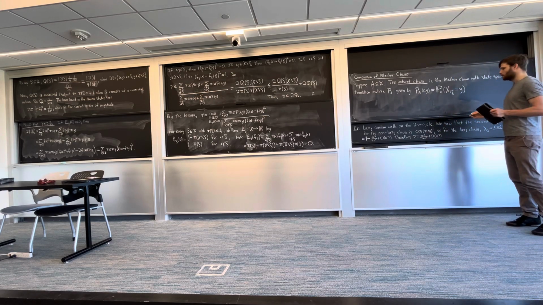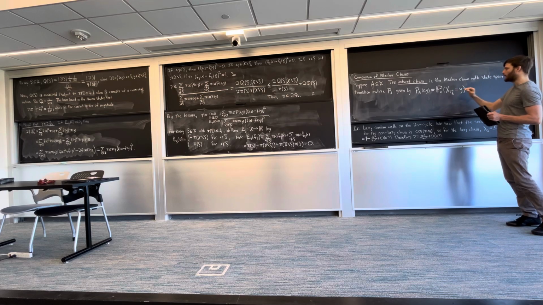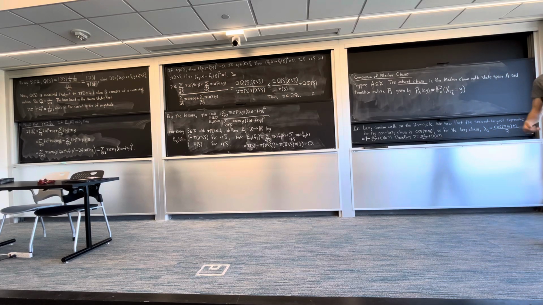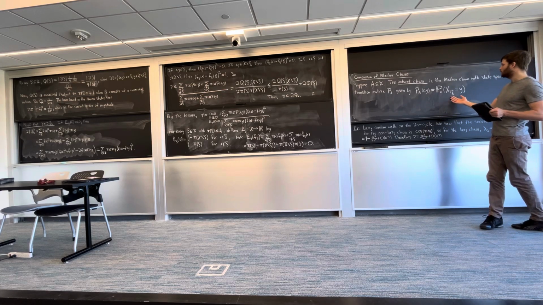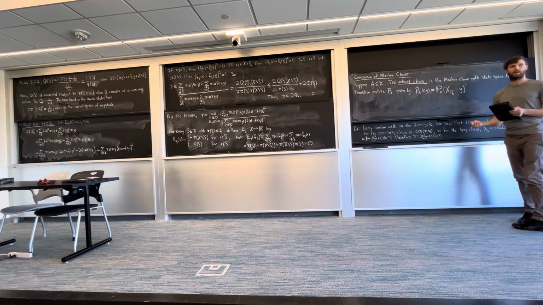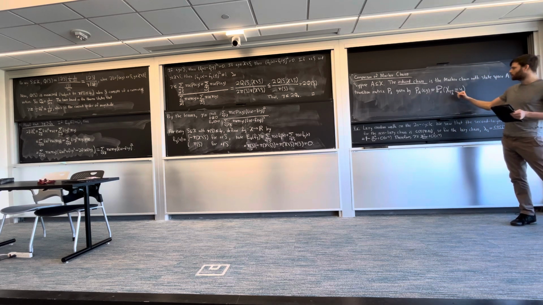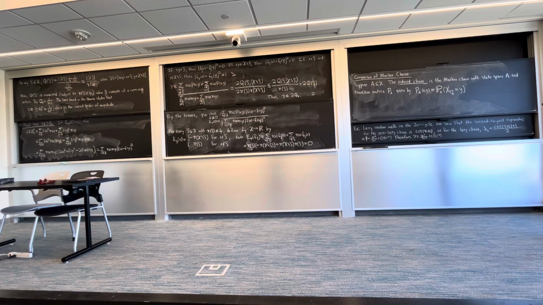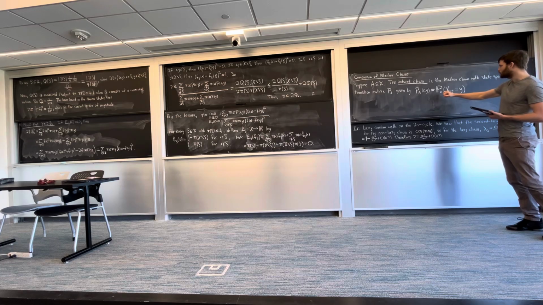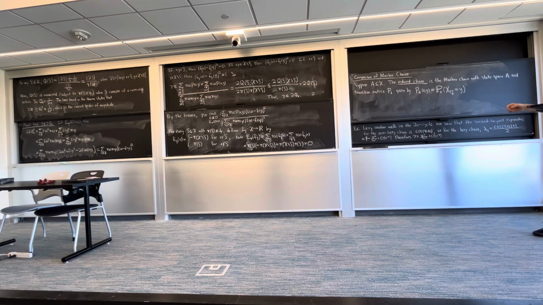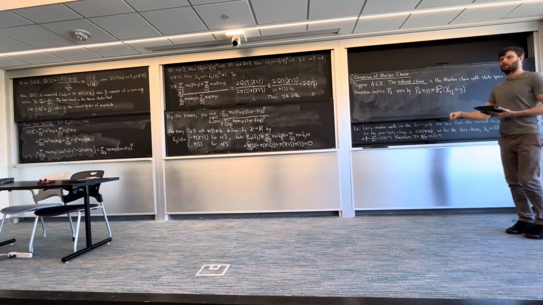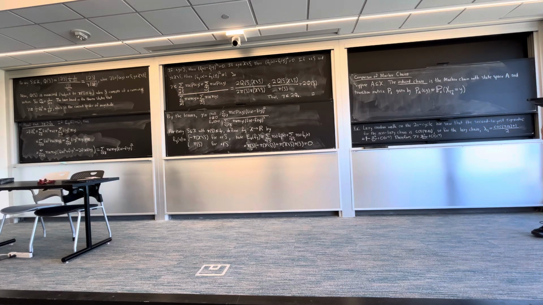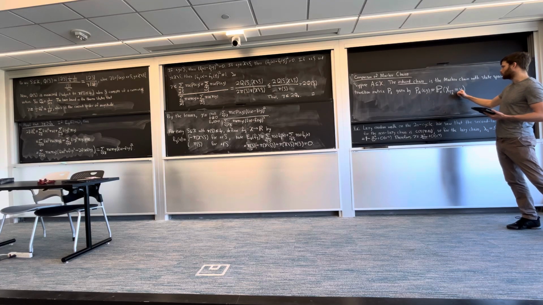The notation here is that tau A, without the plus, is the hitting time of the set A, which is the first time that you reach something in A. And if I put the plus, it's the first positive time that you reach something in A. So if I start my original Markov chain at x and run it until the first positive time that I get to something in A, then I want to know the probability that that's equal to y.